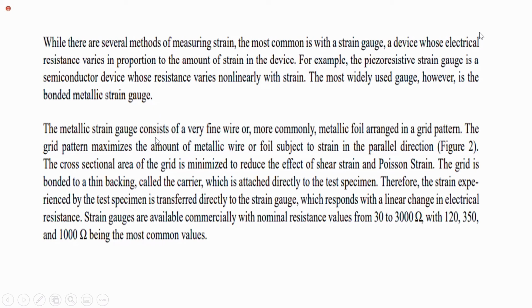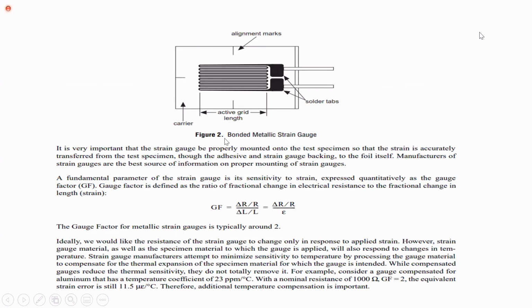The metallic strain gauge consists of a very fine wire, or more commonly metallic coil, arranged in a pattern. This is figure 2, and here you can see the strain gauge.